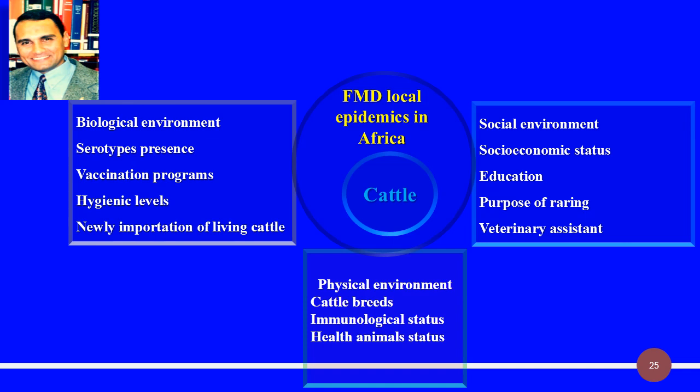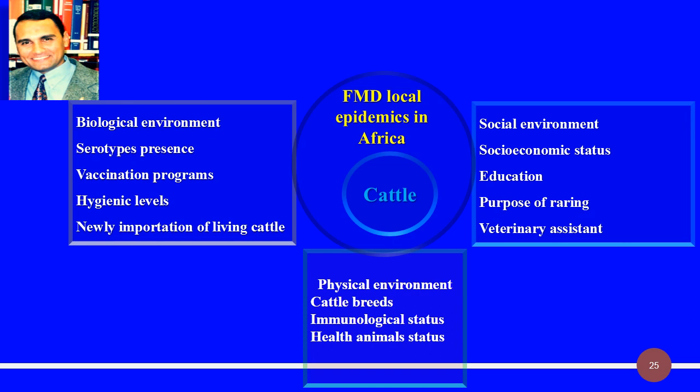The biological environment is the presence of serotypes, as some countries have A, B, and C. Some countries have O, SAT1, SAT2, and so on. Also, vaccination programs in some countries do not cope with the disease occurrence. The hygienic level in most African countries in the case of individual rearing is very low.